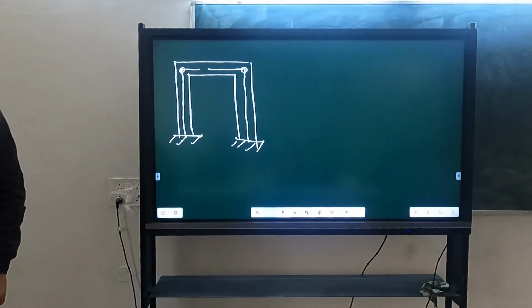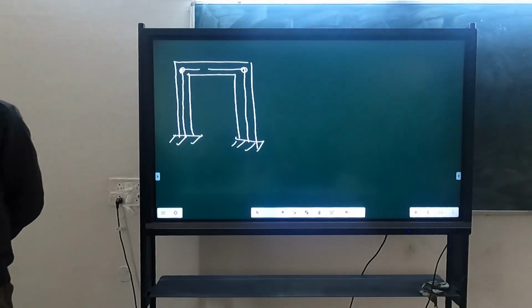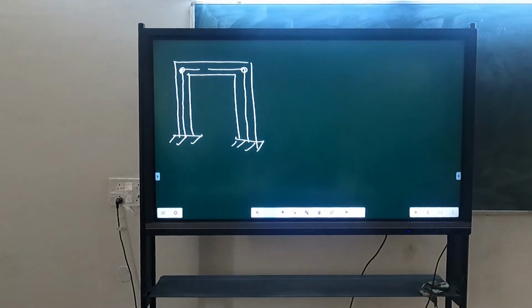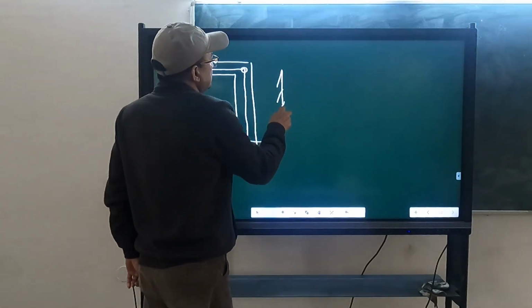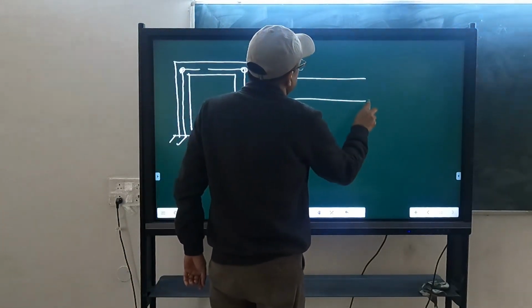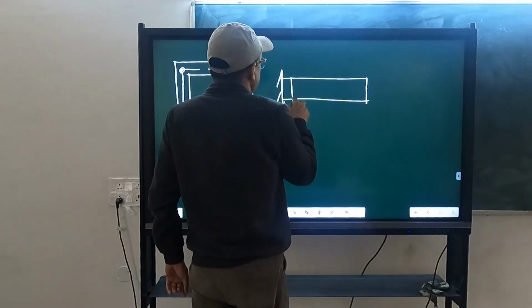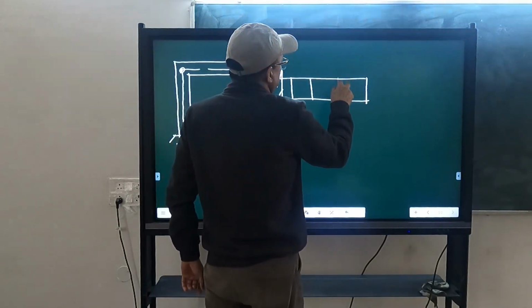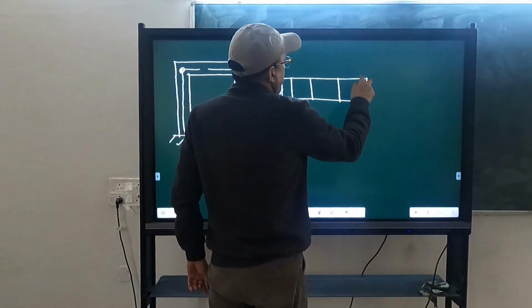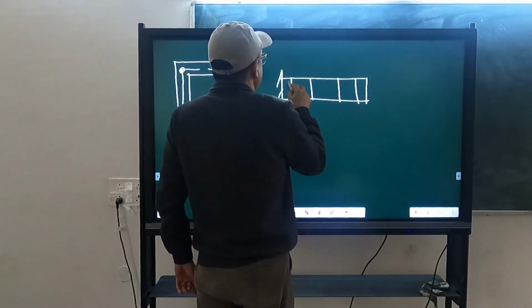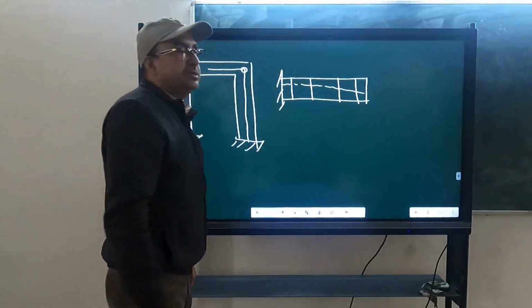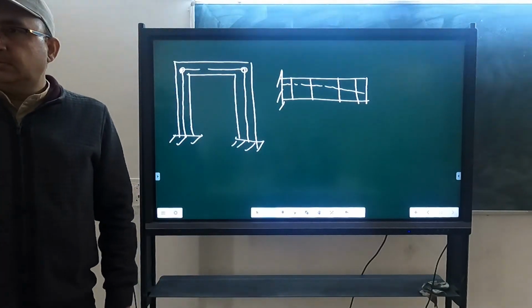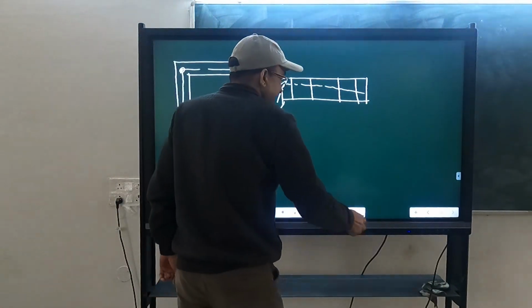Yes. In a beam also the moment is changing. Here the moment is very small, here the moment is larger, so maybe the neutral axis is changing like this, or on the compression side it will be less.